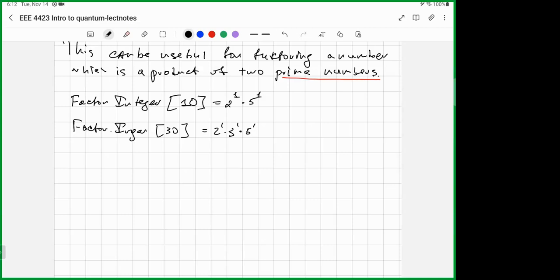But then try to factorize this number using the same function, FactorInteger, and it will take much longer. So it's an example of a mathematical operation that is very straightforward in one way, but very time consuming, very complex the other way around.